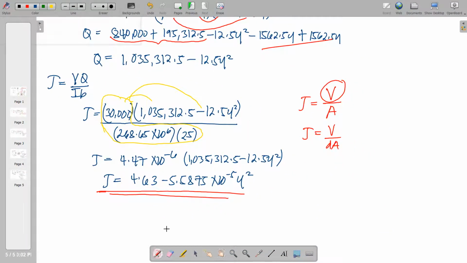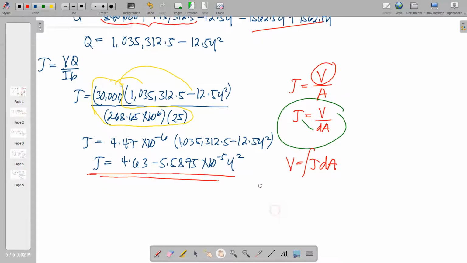And then from this root formula, by cross multiplication, we can have the shear to be equal to tau times dA. Okay, so all we have to do is to integrate this to evaluate the differential area on that equation.